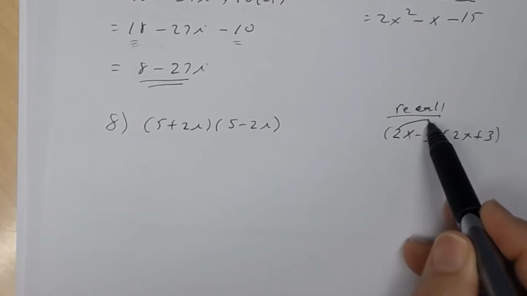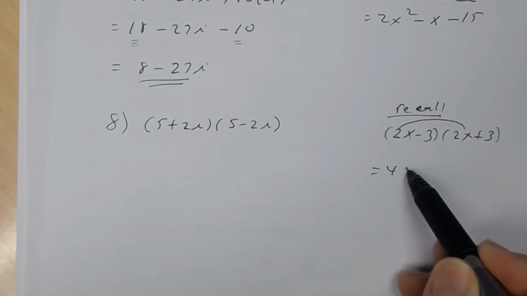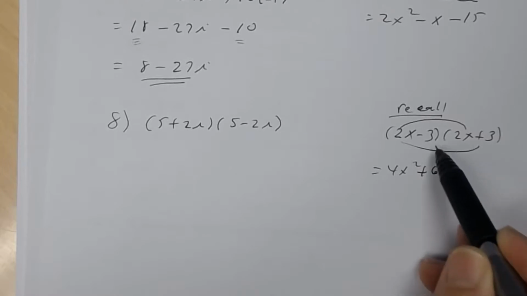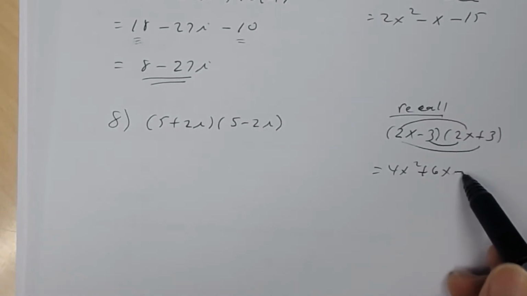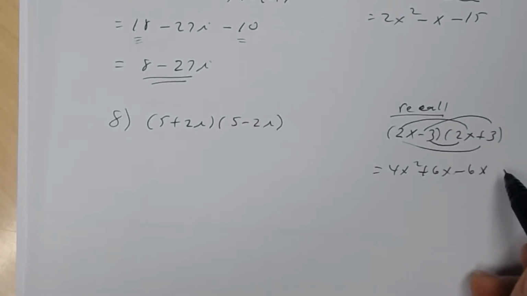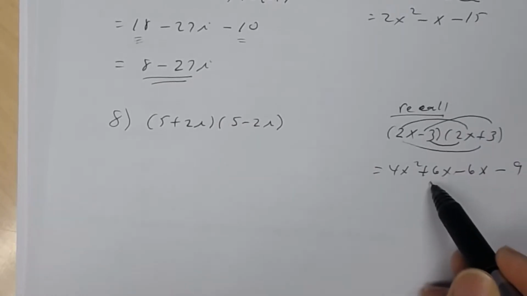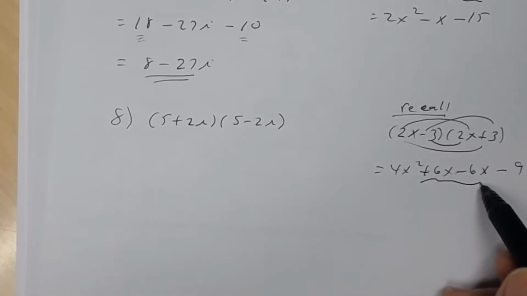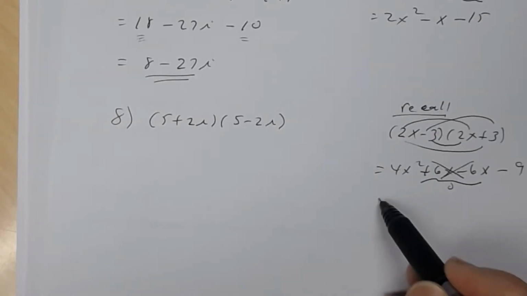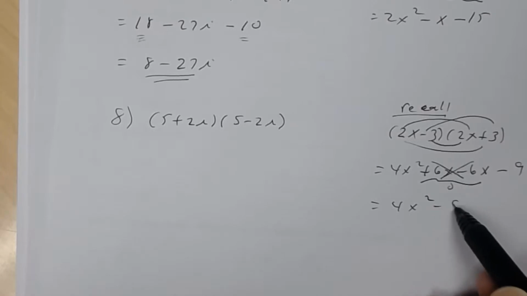So for example, 2x times 2x is 4x squared. The outer is 6x. The inner is a negative 6x. And then the last, a negative 3 times a positive 3 is a negative 9. Now when you combine like terms, notice that these two terms, the outer and the inner, add up to be 0. So you just get 4x squared minus 9.